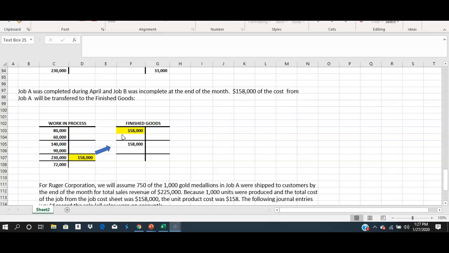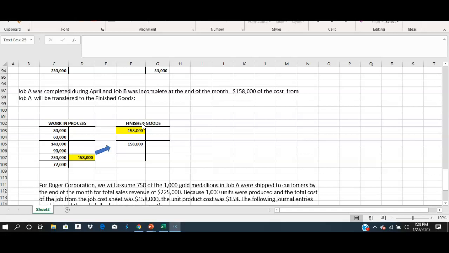So in essence, we are transferring costs from one inventory account, work in process, to another inventory account, finished goods. So the work in process for job B of $72,000 is still in the account. And then it would transfer over to the upcoming accounting period. The finished goods only shows those jobs that are actually complete.